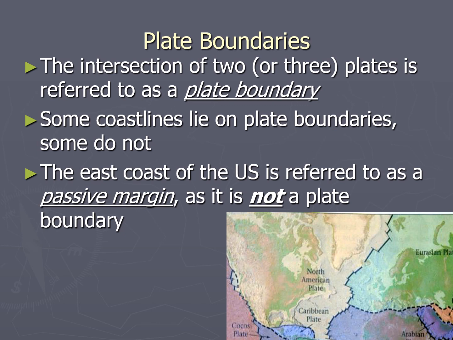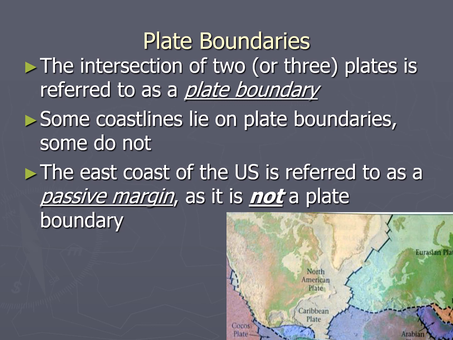Plate boundaries basically have their own video lesson, an older one that I created a few years ago when I started teaching this online. So what is a plate boundary? It is the intersection of 2 or 3 plates. Some coastlines lie on plate boundaries, some do not. As we mentioned on a previous slide, the East Coast is not a plate boundary, so we call it a passive margin.